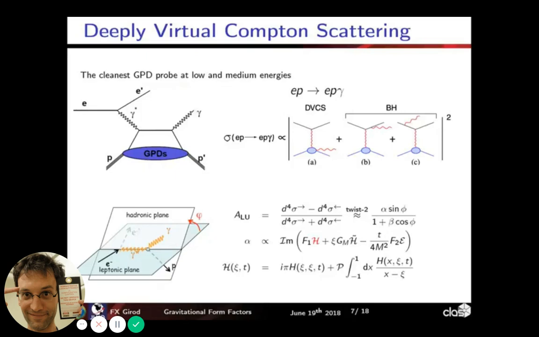It's a Compton form factor, but it has this calligraphic shape. So the Compton form factor, its imaginary part is the GPD at x equals xi, and its real part is related to the principal part of this integral here along the 1 over x minus xi.